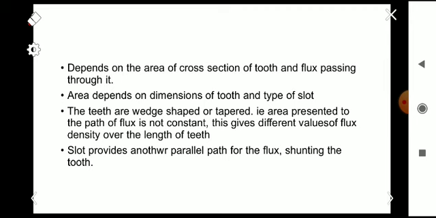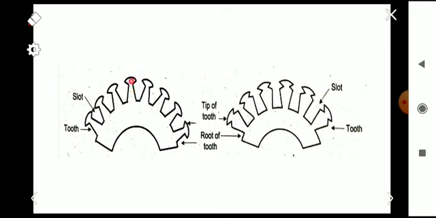That is one problem. Also, we know that the slot provides another parallel path for the flux, shunting the tooth. Here we can see this is the tooth, and if we are placing the winding here, this slot also provides a parallel flux path for this tooth. So the presence of two parallel paths, with the reluctance of one depending upon the degree of saturation in the other, makes the problem intricate.